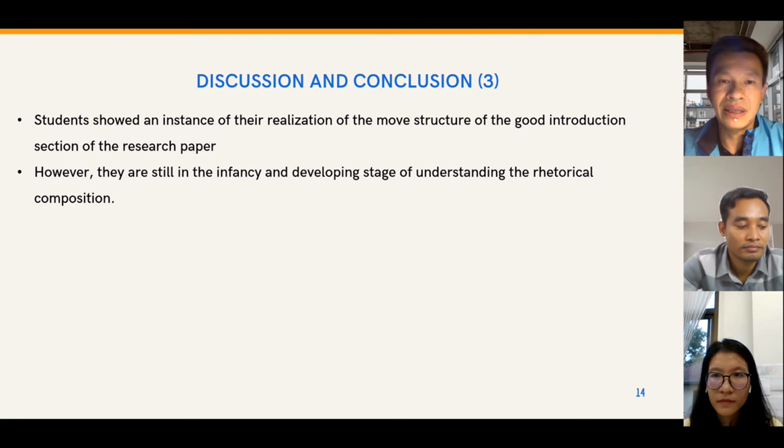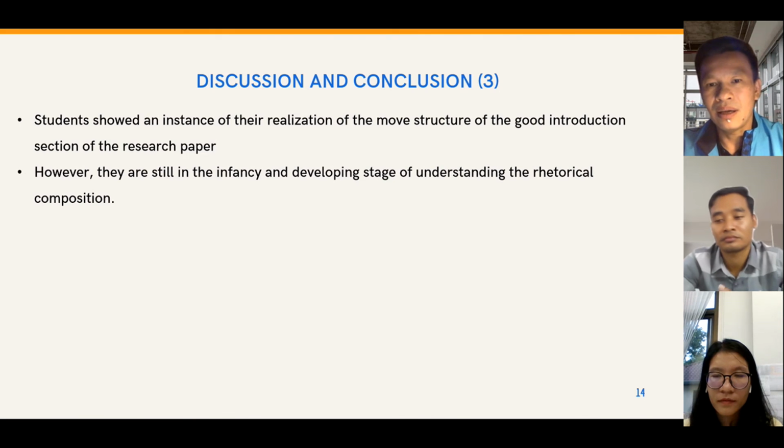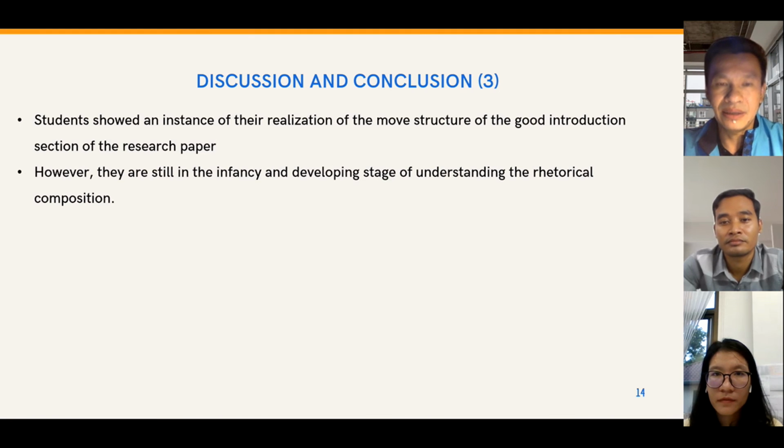For claiming centrality, most of the time, this move tends to deploy the present simple tense, and Move 1B, review of the past literature, tends to favor the past simple form.